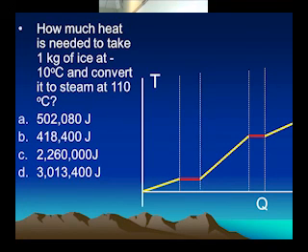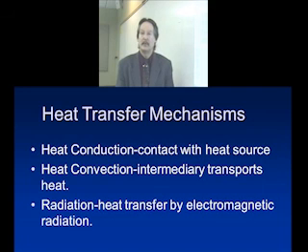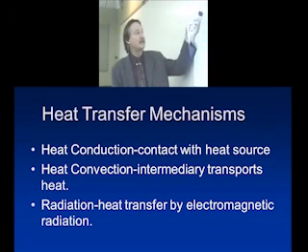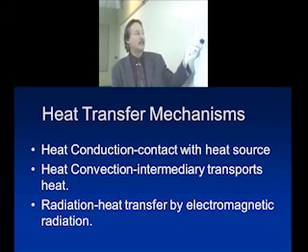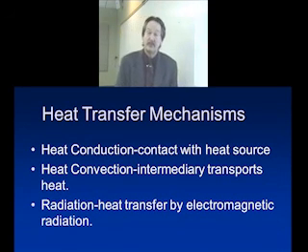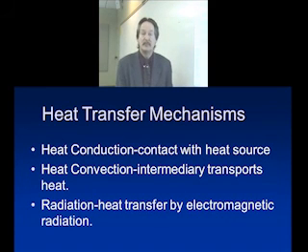Now, in this chapter, we're looking at some thermal properties, and so that leads us also to observations of how heat is transferred from point to point, what kind of mechanisms are involved. We have 3 primary mechanisms: heat conduction, heat convection, and radiation. What differentiates these 3 types of mechanisms is as follows.